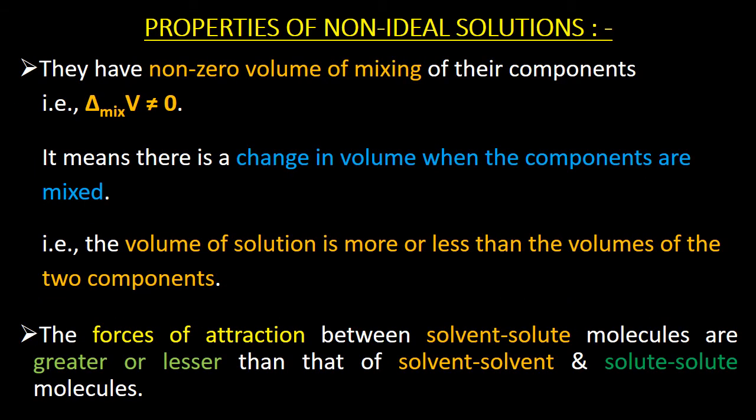They have non-zero volume of mixing of their components, that is, delta V mix is not equal to 0. It means there is a change in volume when the components are mixed. It means the volume of the solution is more or less than the volumes of the two components. The forces of attraction between the solvent-solute molecules are greater or lesser than that of solvent-solvent and solute-solute molecules in case of non-ideal solutions.